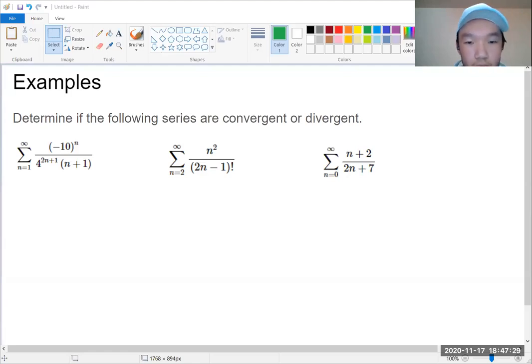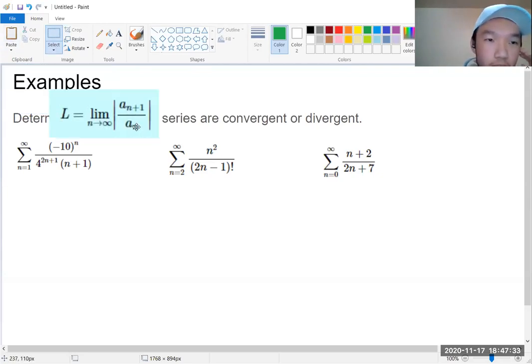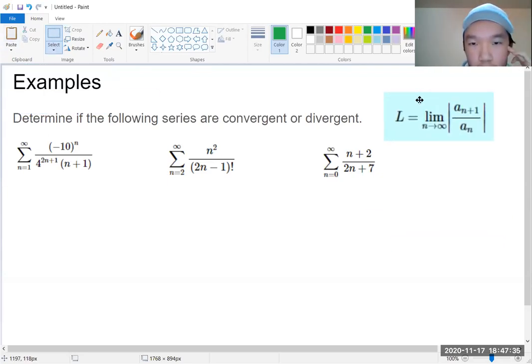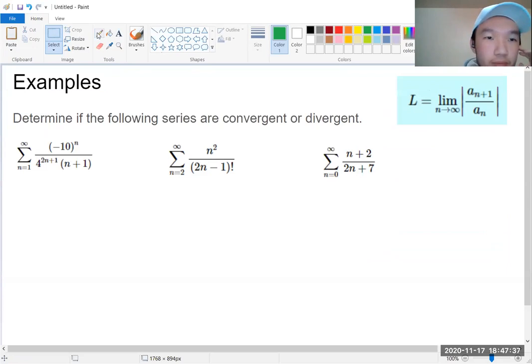Okay, so the first question is that thing. And then we just paste the limit we have to take for all these questions. So it's up there. All right, so we want to take the ratio of the next term to the current term. So we can write it like so.